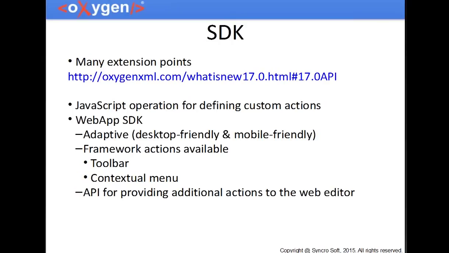So we provided a number of built-in operations, and you could create your own Java custom operations. Now you can write JavaScript operations for these custom actions, and from the JavaScript code you can invoke our Java-based API to make changes in the author model.